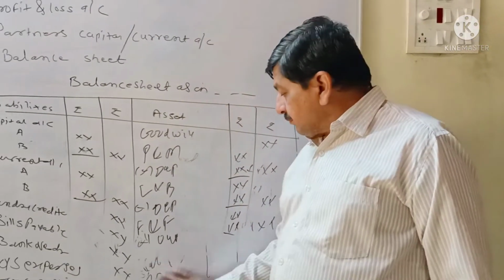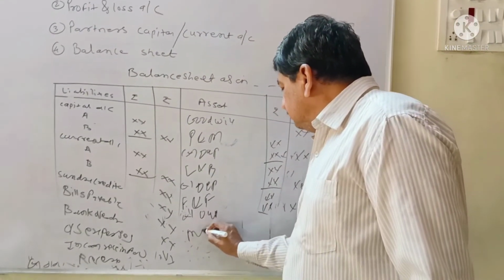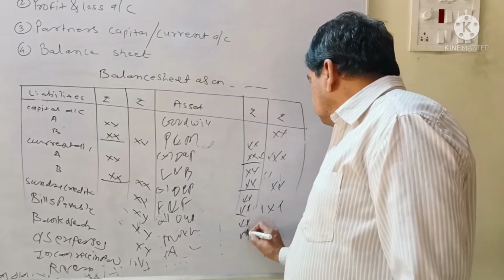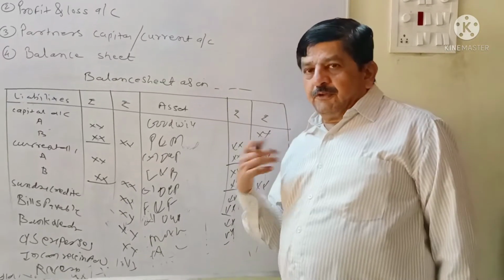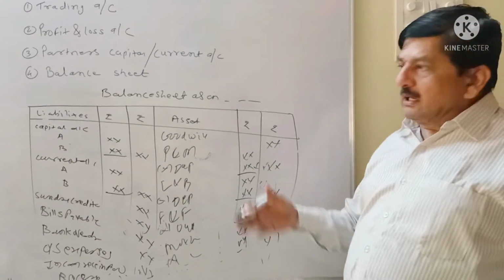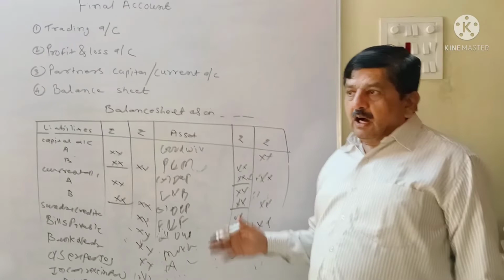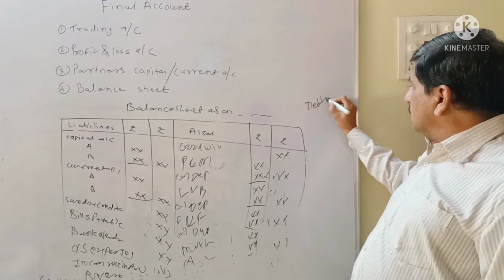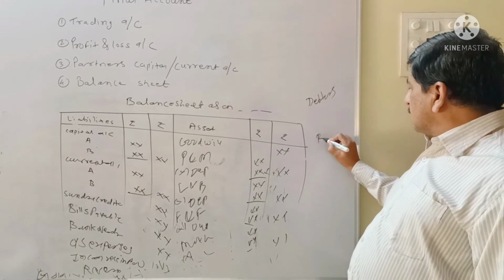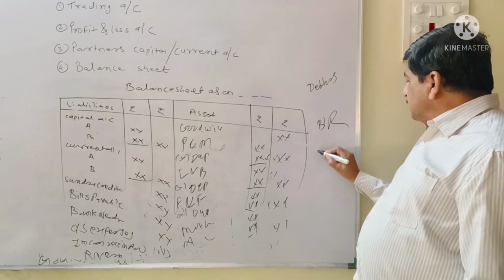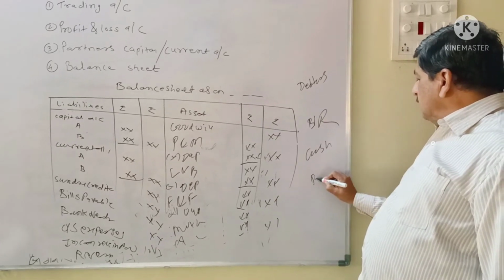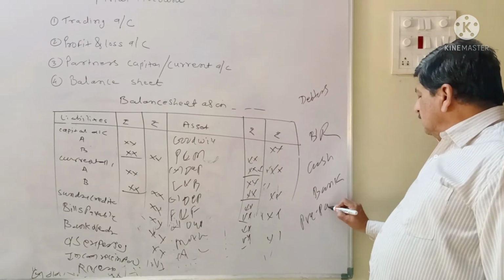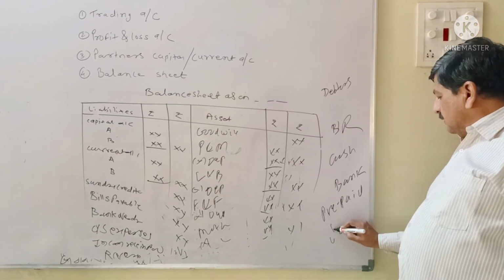Then motor van, inner column, less depreciation, outer column. Freehold premises, patent, trademark are also taken on the asset side. Other assets: cash in hand and cash at bank, debtors, bills receivable, prepaid expenses, and closing stock. What is the closing stock?